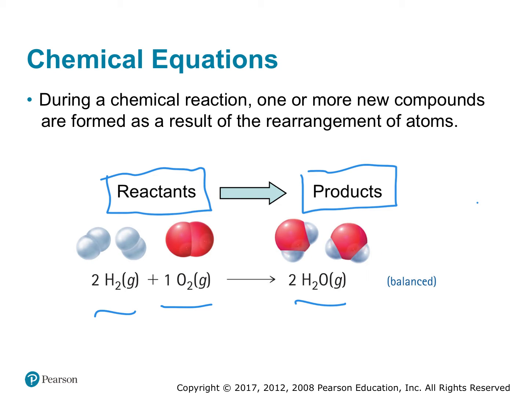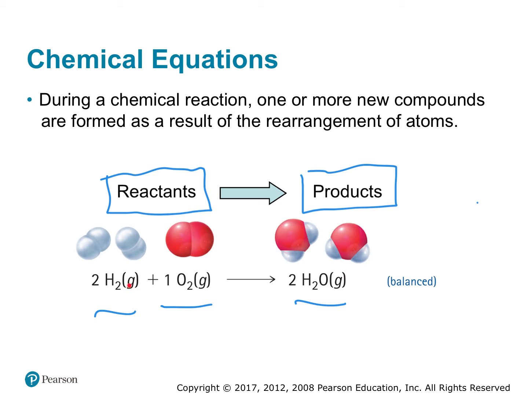Now, in each of these, you'll see a little G following them. That's just to let you know that the hydrogen is actually a gas. Under normal conditions, you're going to end up having hydrogen gas and oxygen gas combining. It is possible to have, for example, two solids combine, or a solid combining with a liquid, or something like that.